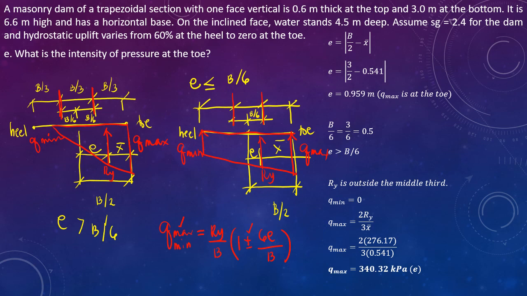If you're solving for minimum, you use the negative. So here, Ry is inside the middle third.